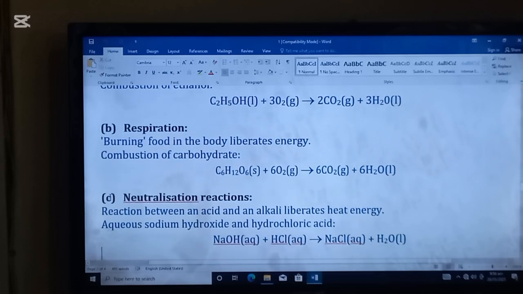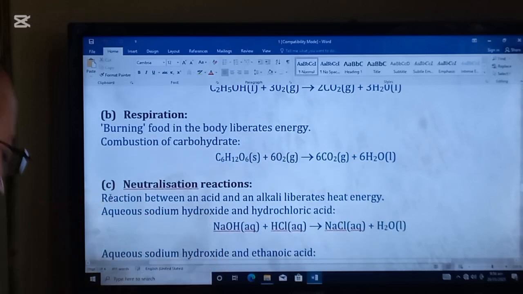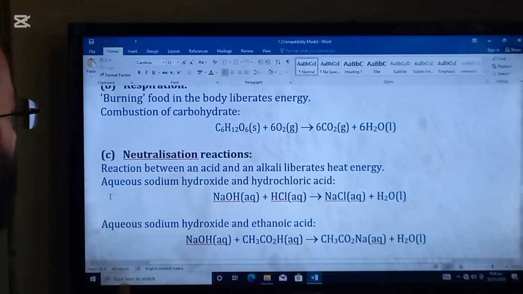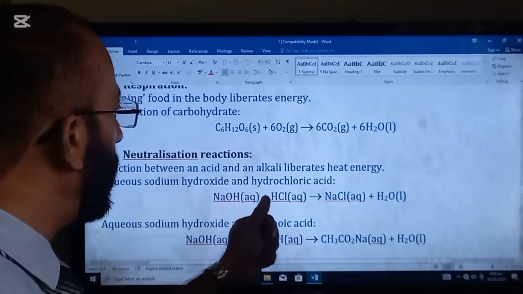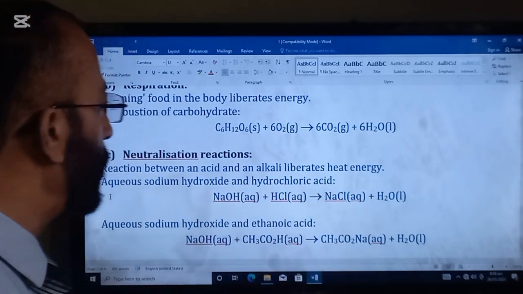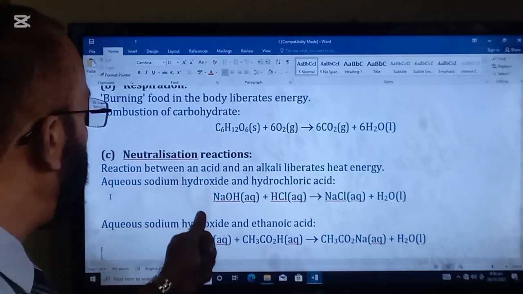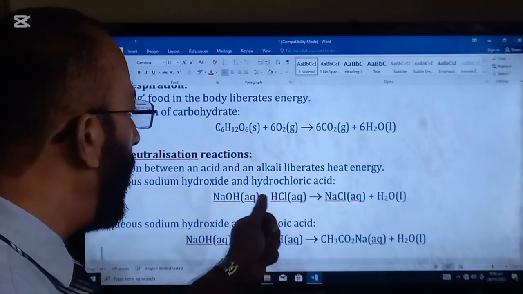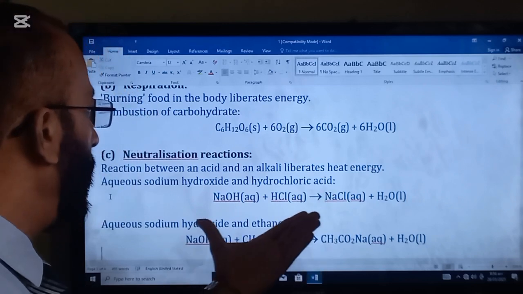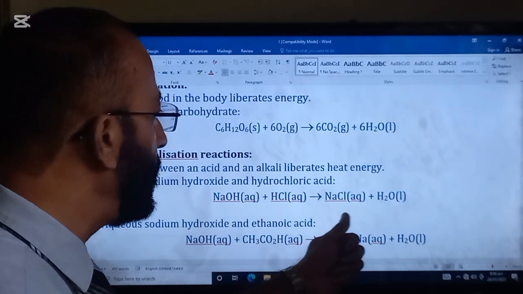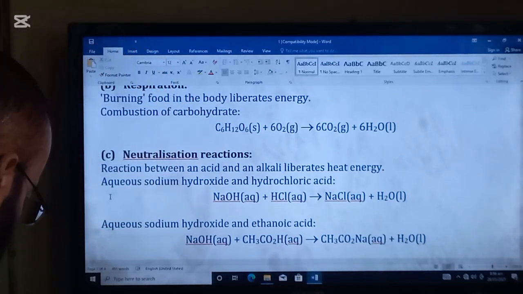The next example of the exothermic reaction is the neutralization reaction. Reaction between an acid and an alkali liberates heat energy. Aqueous sodium hydroxide and hydrochloric acid. Equation is here. NaOH plus HCl forms NaCl plus H2O.